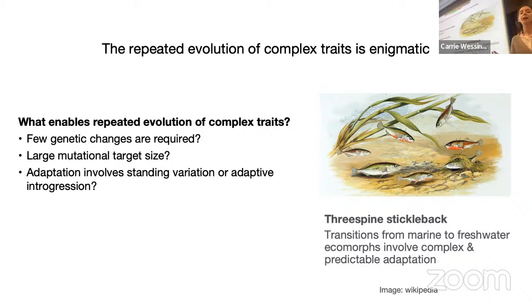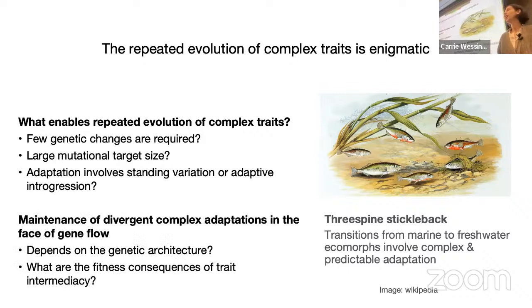Or maybe they're already available, segregating in the population as standing variation. They might be recurrently introduced into a new population through migration events, and that could enable the repeated evolution through adaptive introgression. And then, of course, how are these complex adaptations maintained in the face of gene flow?